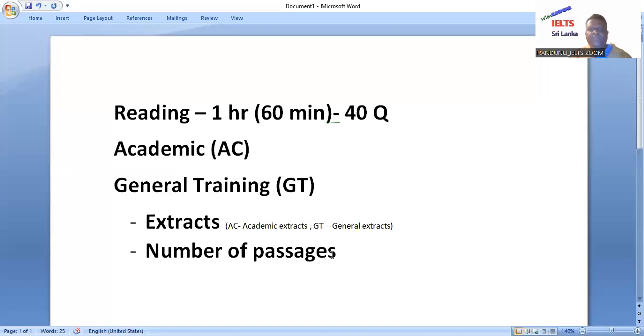Then number of passages. Number of passages are also different. If it is the academic test, academic reading, there are only three passages. If it is general training, there are 5 passages, right?